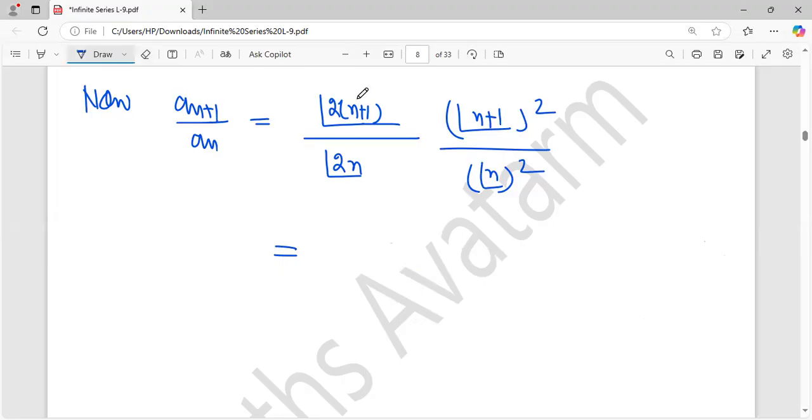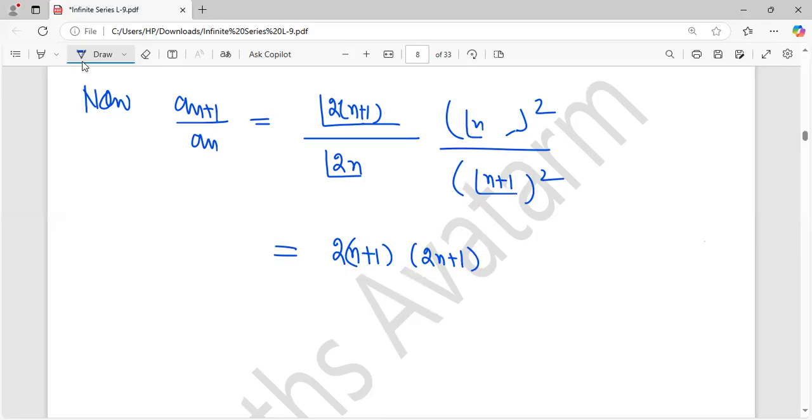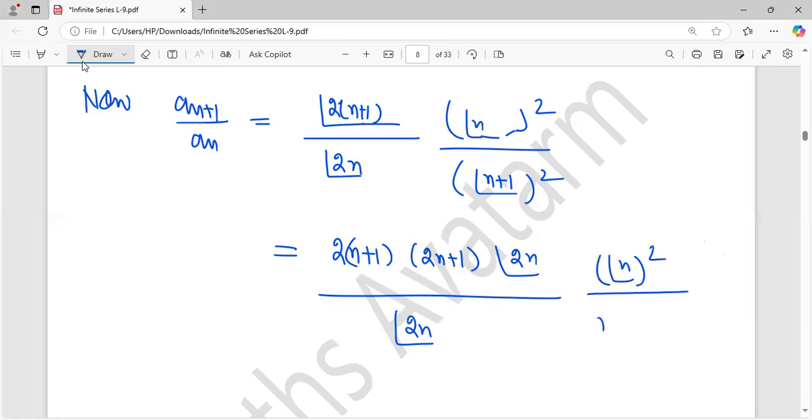Okay. So this will be factorial n square upon factorial n plus 1 square. Okay. So what is this? This is factorial 2n plus 2 upon factorial 2n, times factorial n square upon n plus 1 square factorial n square.